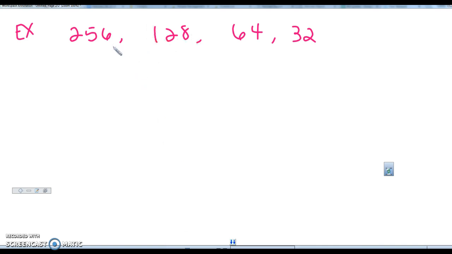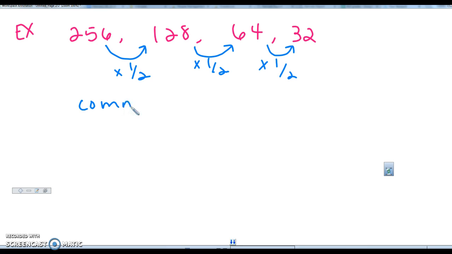Can anybody figure out what fraction I might be multiplying by each time I move on? Good. Each one is half the previous one, so I'm multiplying by 1/2 each time. So my common ratio would be 1/2. And this is a geometric sequence.